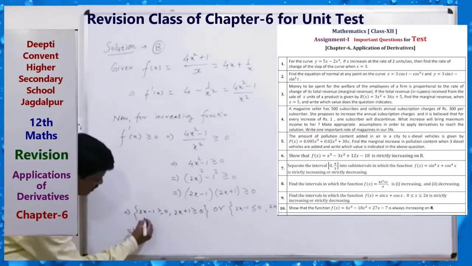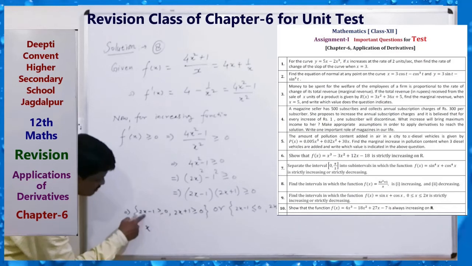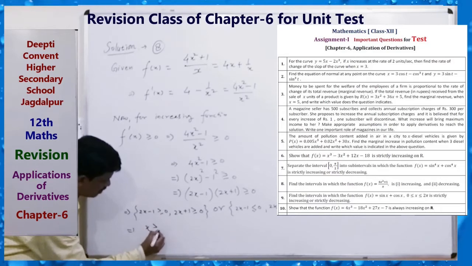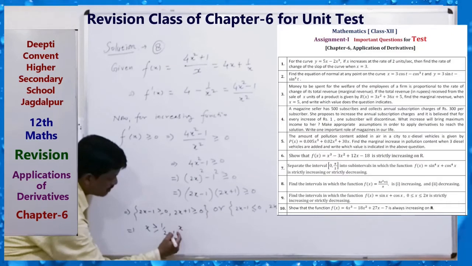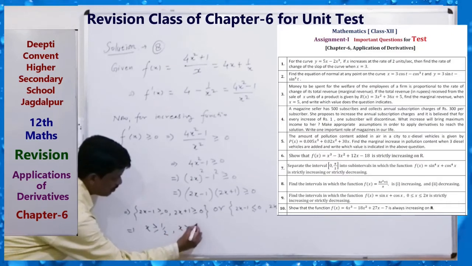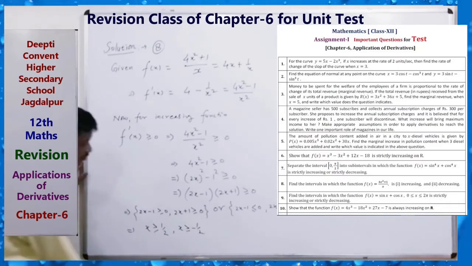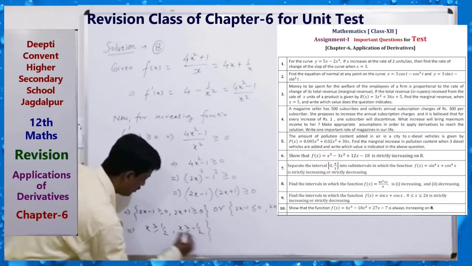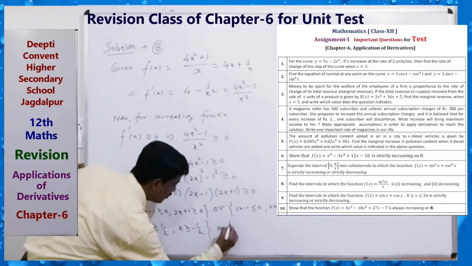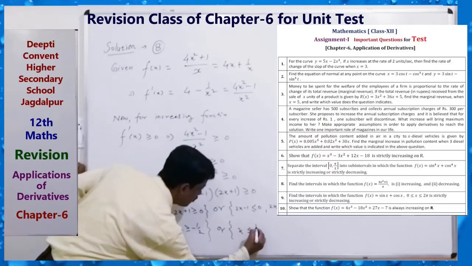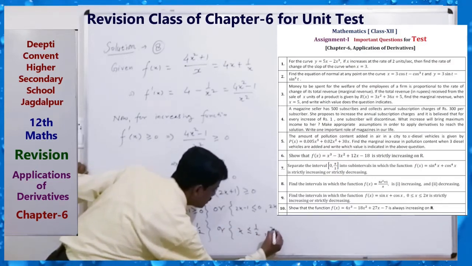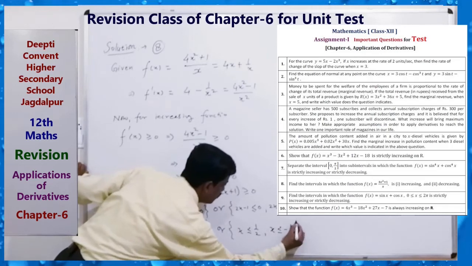From here x is greater than or equal to 1 by 2 and x is greater than or equal to minus 1 by 2, or x is less than or equal to 1 by 2 and x is less than or equal to minus 1 by 2.